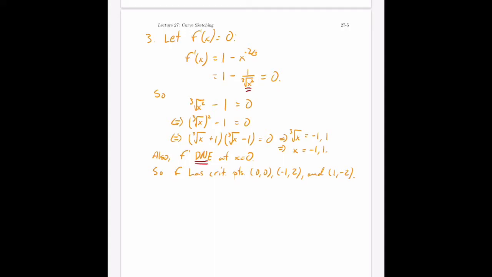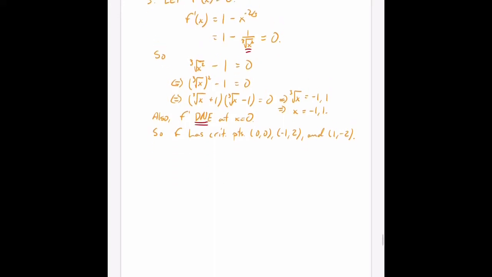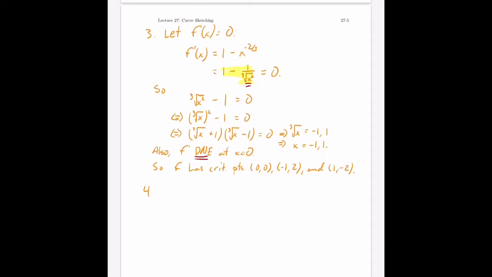So now, let's go on to the second derivative stuff. Now, let f double prime equal 0, right? Take the second derivative, set it equal to 0. F double prime of x, now remember we're using this for f prime of x, is going to equal 2/3 x to the negative 5/3, which does not equal 0.